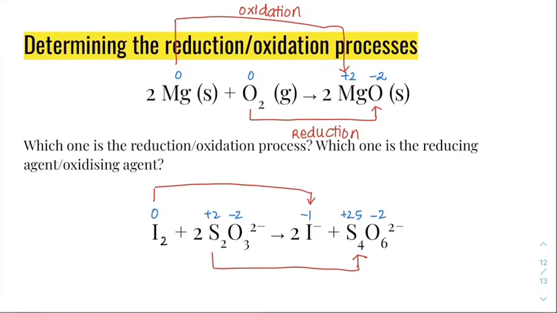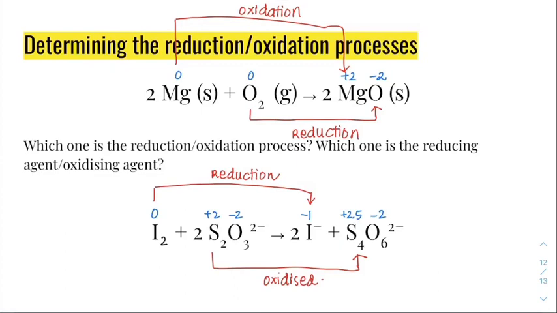For iodine, the number is reduced, so it is a reduction process. And for sulfur, it will be oxidized. In the next meeting, we will learn how to balance the more complex redox reaction.